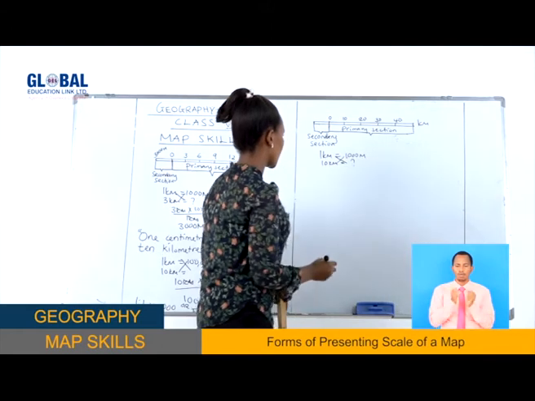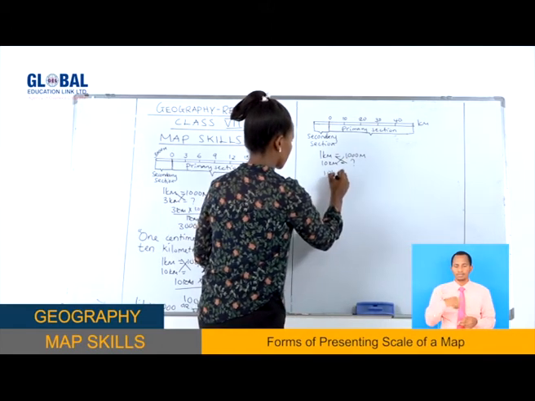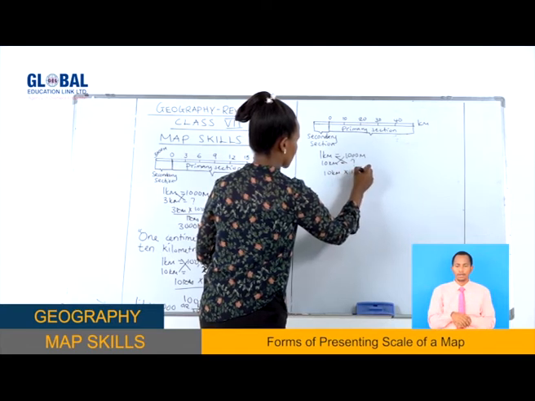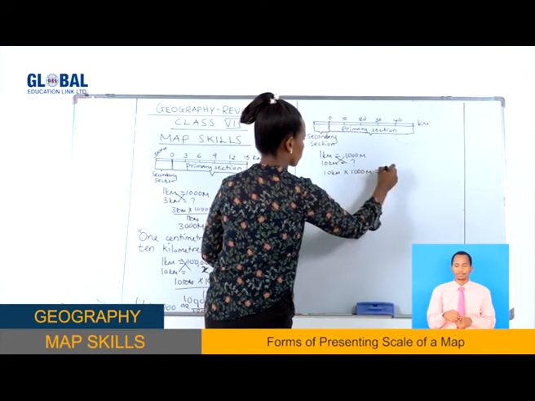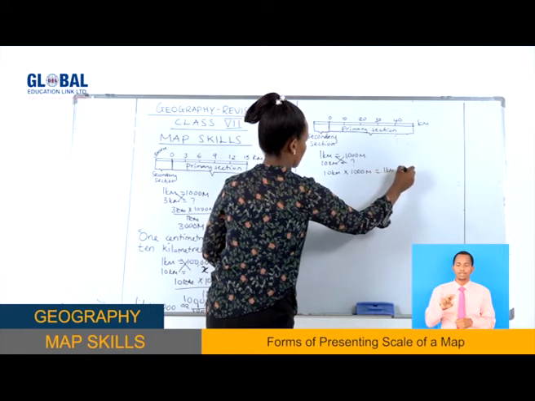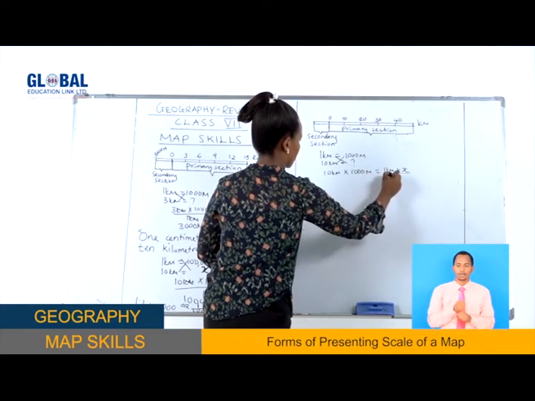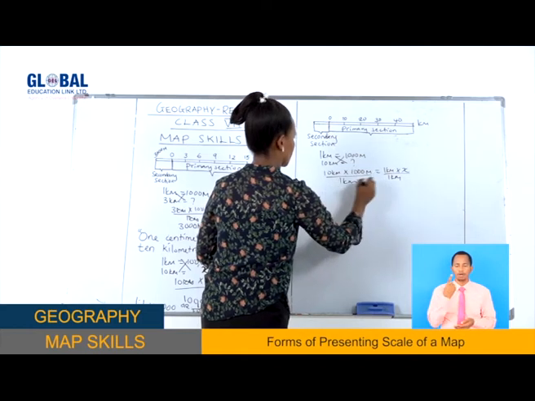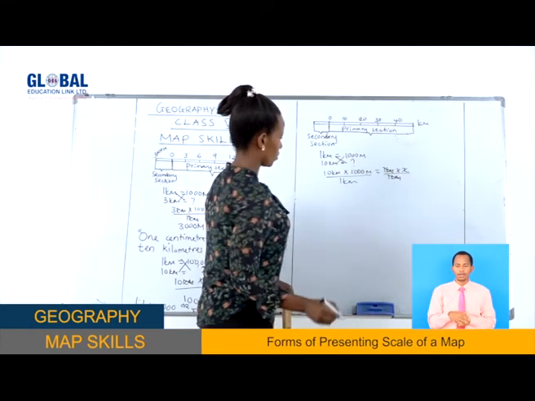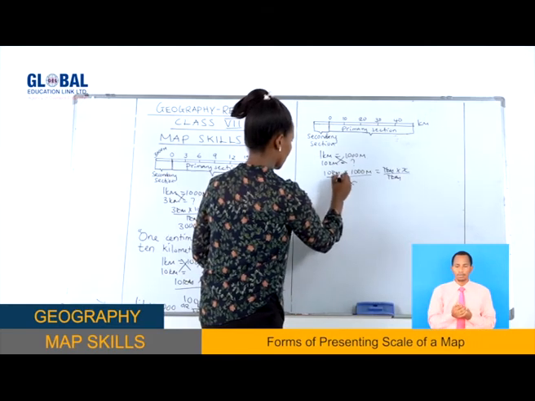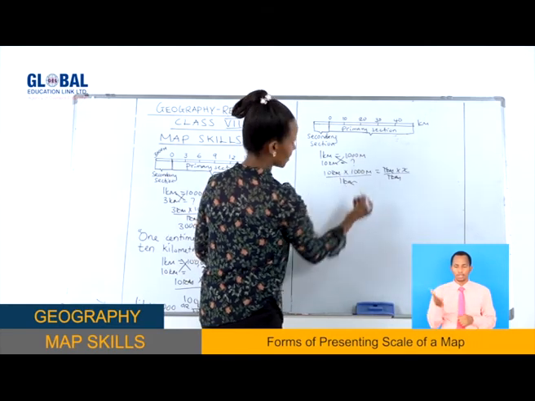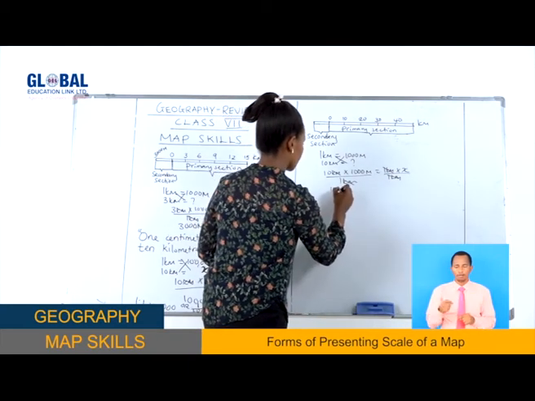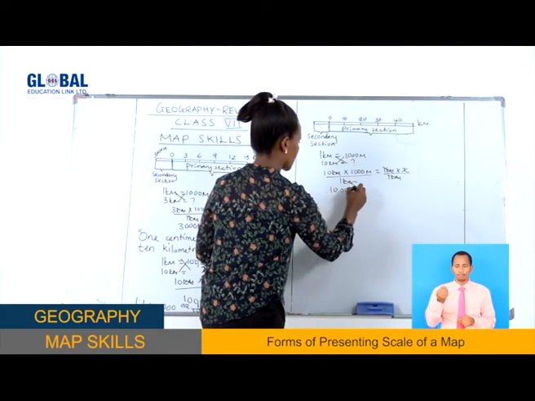Once you cross multiply here, 10 kilometers goes with 1,000 meters, which is equal to 1 kilometer times x. Then divide by 1 kilometer, divide by 1 kilometer. 1 kilometer and 1 kilometer has gone. Here we get 10 times 1,000, we get 10,000 meters.